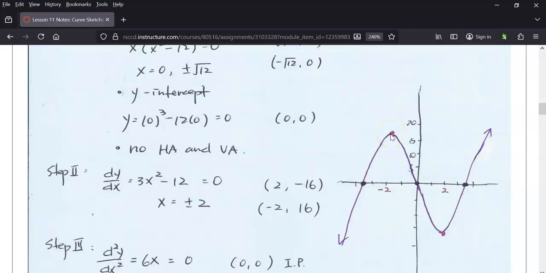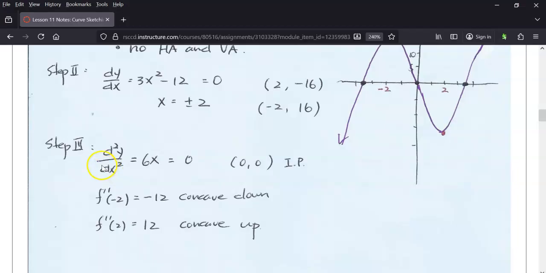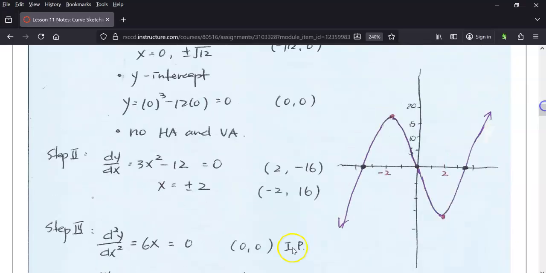Now, again, how do you know that's the maximum or minimum? One way you can test is using the second derivative. If you take the second derivative, you get 6x. If you set the second derivative equal to 0, you find the inflection point. Inflection point means where you switch from concave down to concave up. When there's a switch between concave up and down, you have an inflection point.